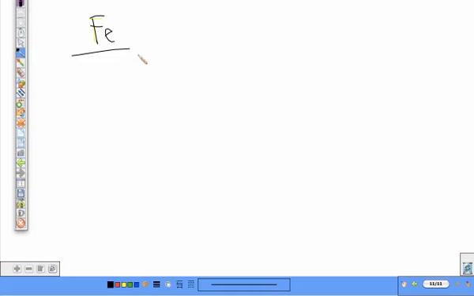Even though this is 4S right here, we're going to have 4S, and then we're going to fill into the 3D, and then we'll fill 4P, because the first D sublevel that we have is a 3D, not a 4D. And that's just how the energy increases also.